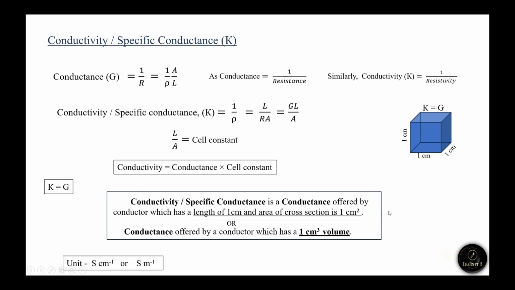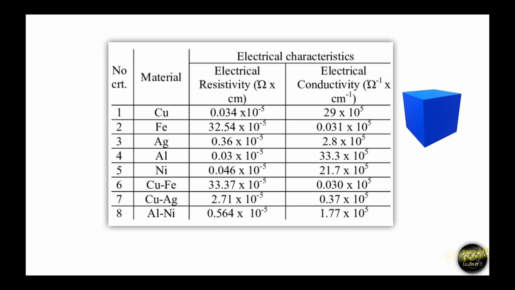The application of specific conductance or specific resistance can be understood by analyzing this chart. Here we have taken many materials like copper, iron, silver, aluminum, with dimension 1 cubic centimeter, and we have measured the electrical resistivity or specific resistance of the different materials.